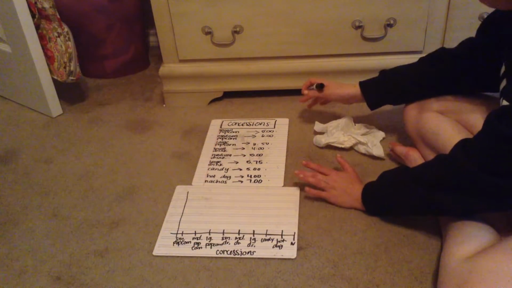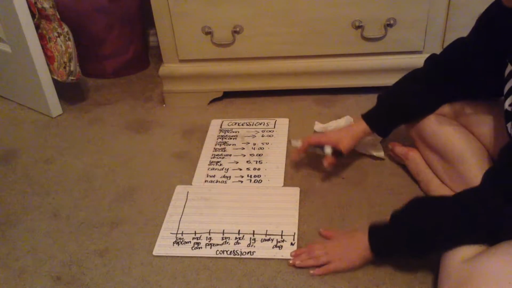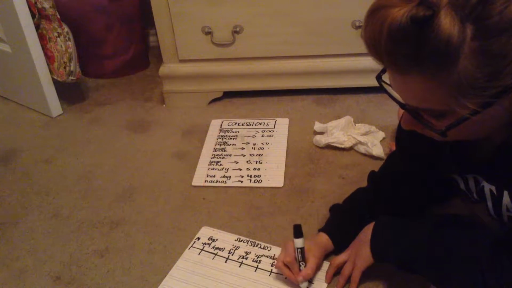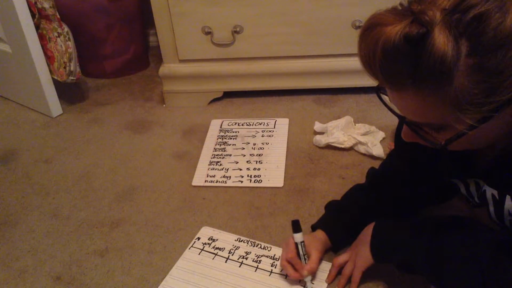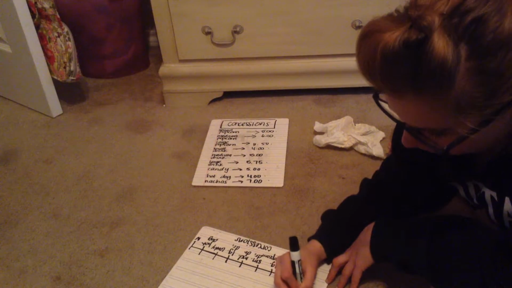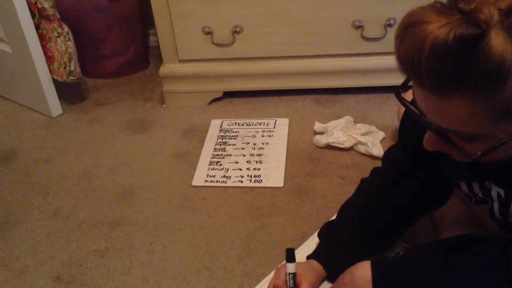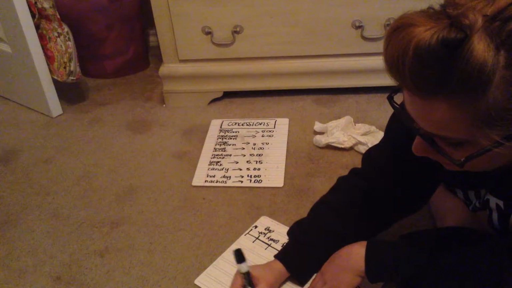Since we don't have that much of a variety of prices, I'm going to list 1 through 10. And just like I labeled this one, I'm going to label this one Prices. And before I go anywhere else, I'm going to title my graph Concession Stand.